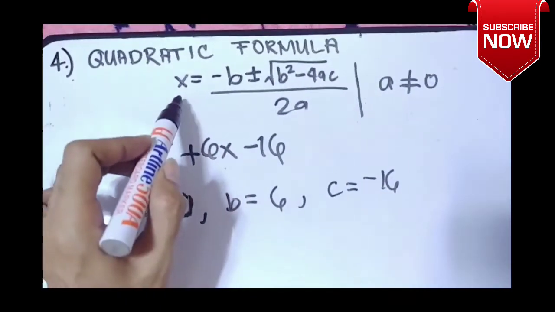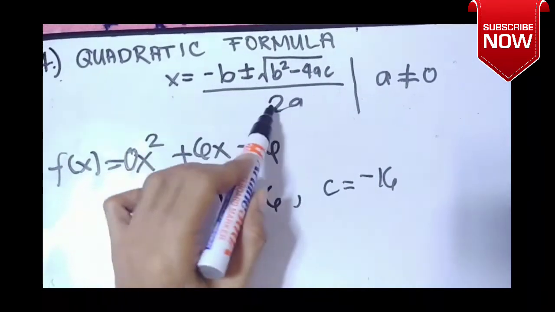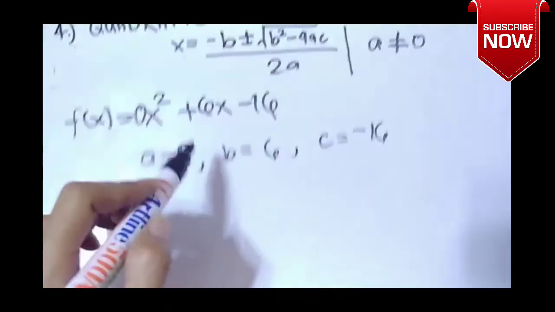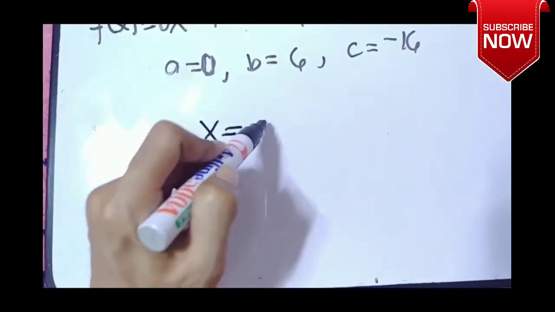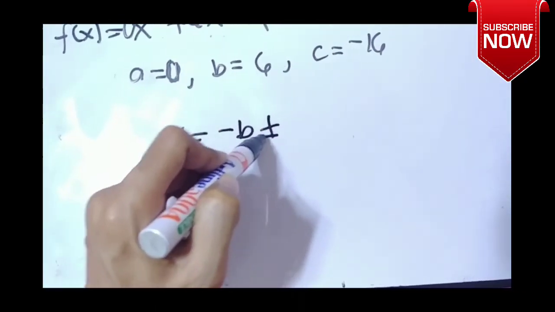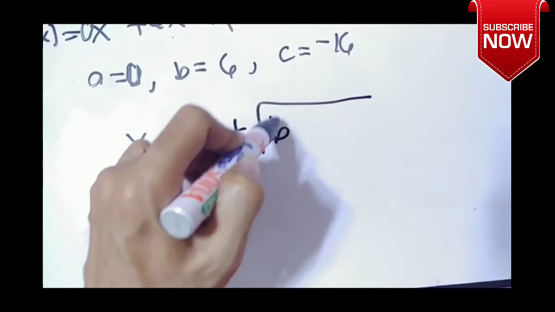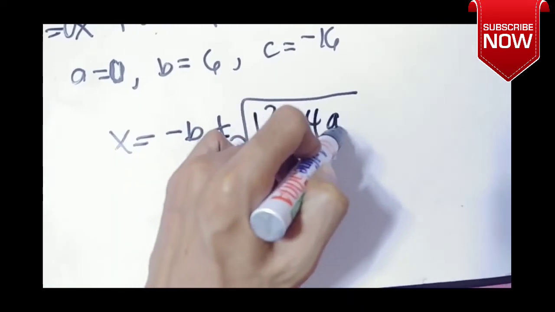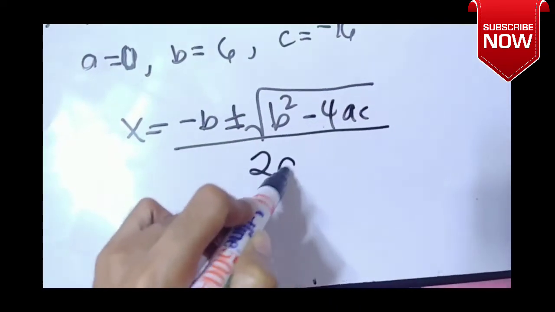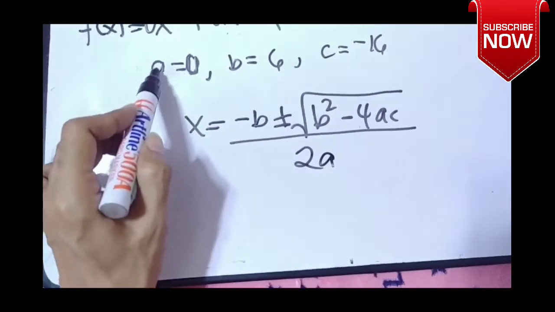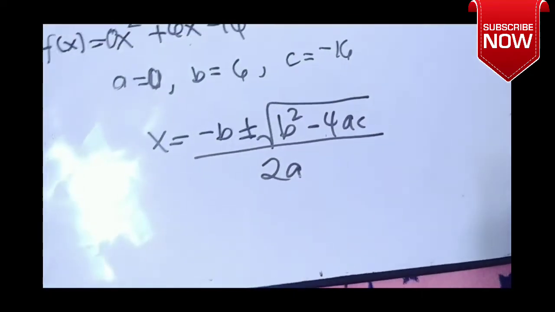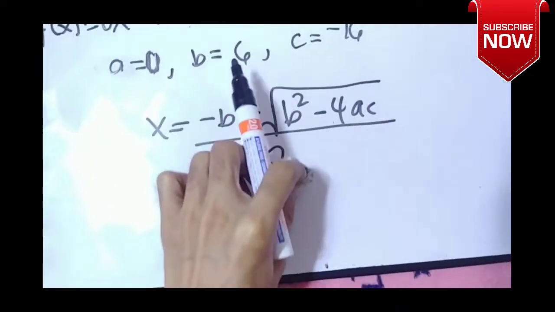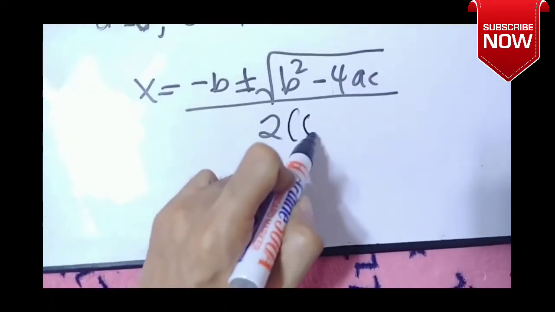Balik tayo sa formula, quadratic formula. X equals negative b, positive negative, square root of b squared minus 4ac all over 2a. Kung isa-substitute ko yung value ng a, dito sa baba, denominator 0.